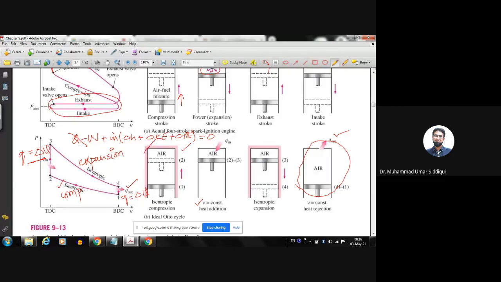So delta kinetic energy will be 0. Delta potential energy will also be 0 because in and out are both at the same locations. So what we are going to have is only this: W equals m dot delta H.